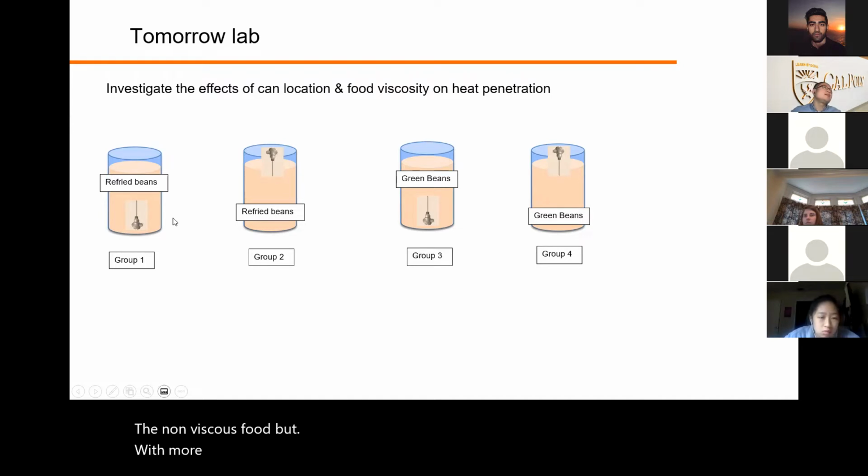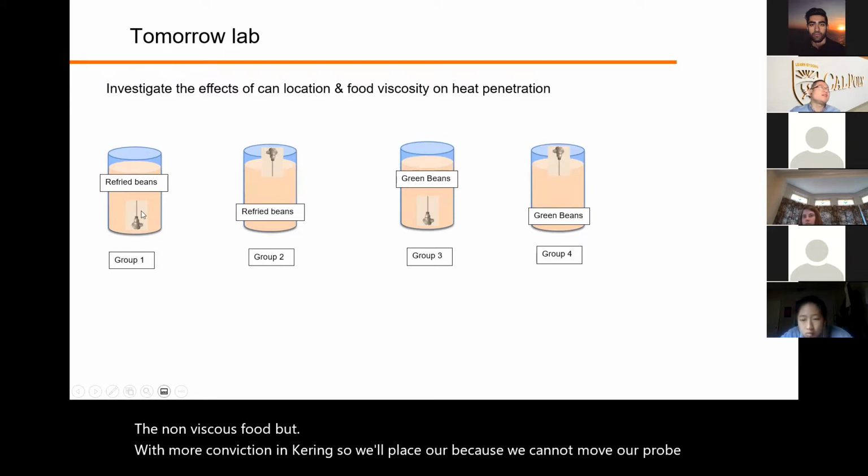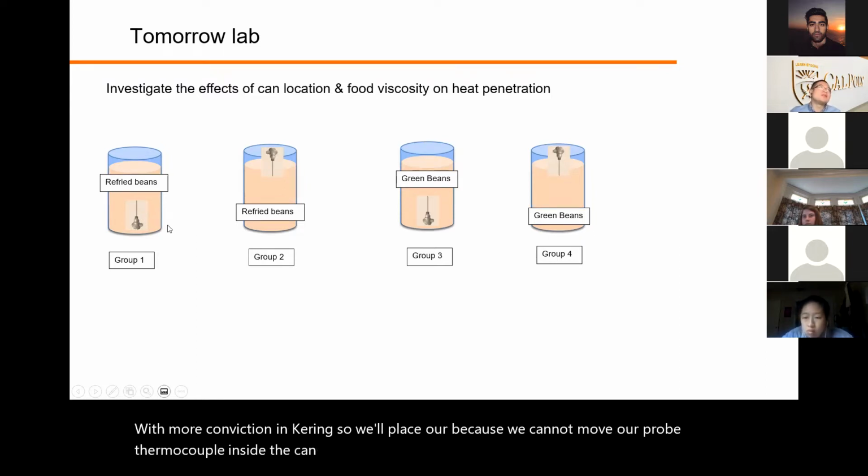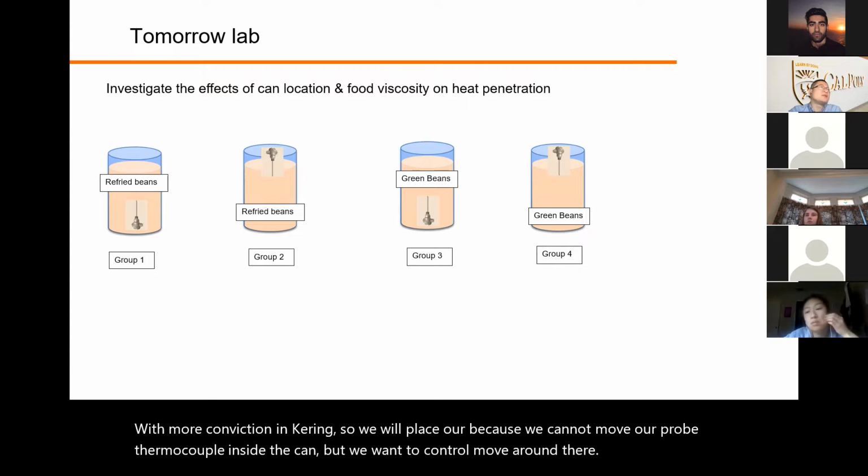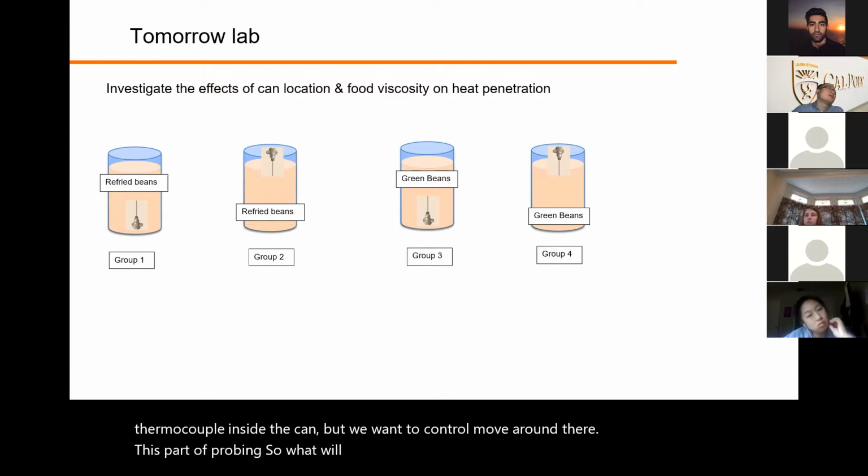Because we cannot move our probe thermocouple inside the can, but we want to control the spot of probing, what we'll do is that group one will put the probe on the bottom and fill the can.